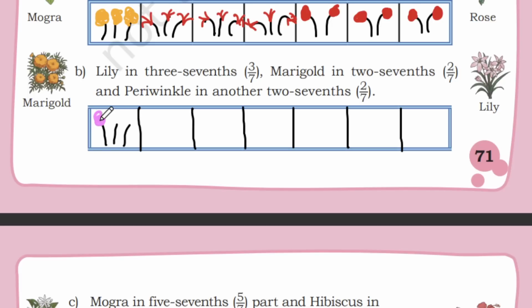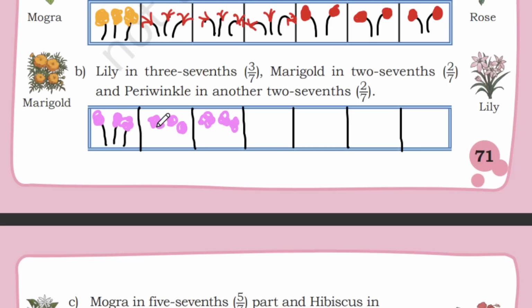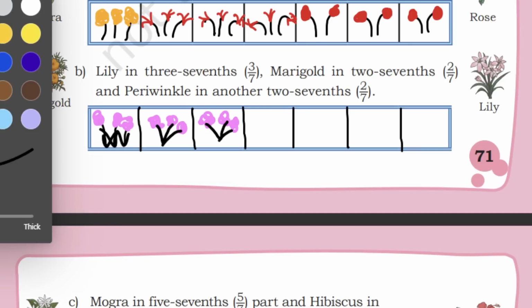Okay, this is like lily flower. Okay, next you have marigold 2/7.